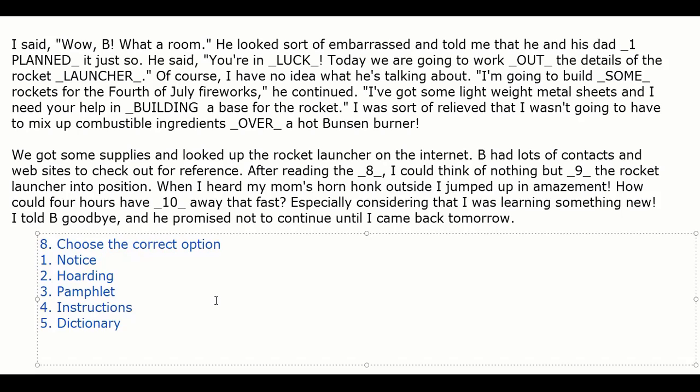Abhinav said instructions. Okay. I will add everyone. Moksha, Meghna, what is your choice? Devendra, Abhinav. Abhinav done. Okay. Achintya. I think this is one. Notice had lots of contacts and website to check out for reference.